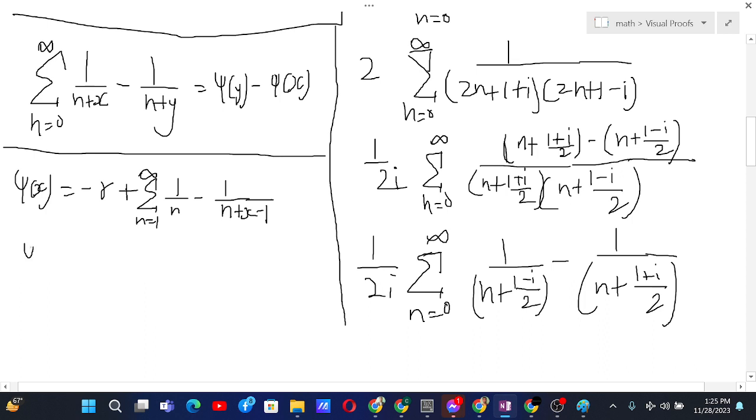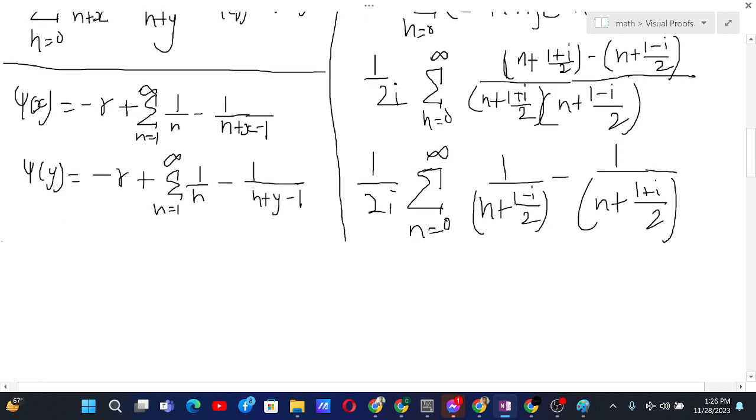In a similar way, digamma of y will be negative of the Euler-Mascheroni constant plus summation from n equals 1 to infinity of 1 by n minus 1 by n plus y minus 1.